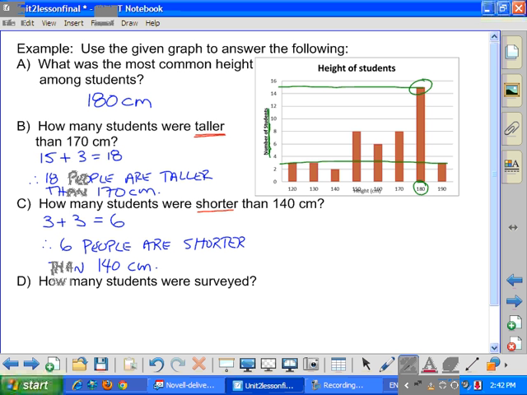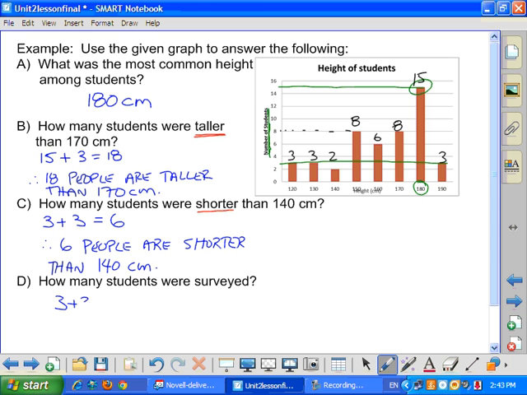If I go through and analyze each one here, I know that 3 people said 120, 3 people said 130, 2 people said 140, 8 said 150, 6 said 160, 8, we already said that one was 15, and the last one was 3. So how many people were surveyed here? We'd have to add up the frequency of each one.